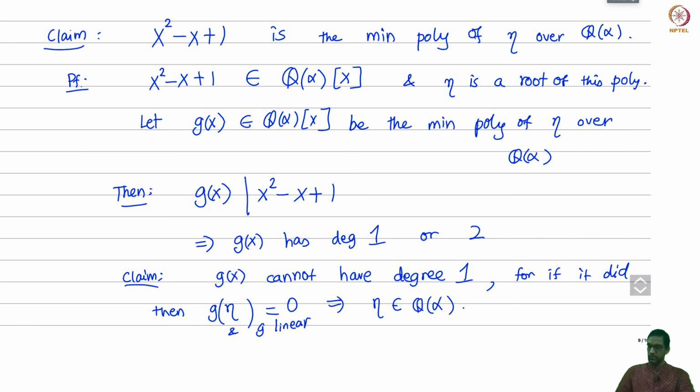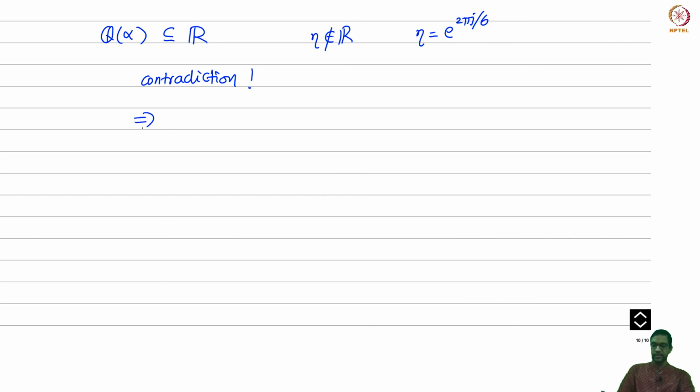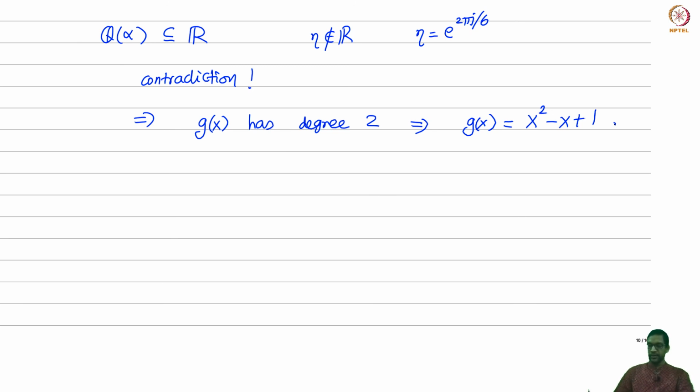Okay, so what does that mean? It says g(x) can't have degree 1, so g(x) has degree 2, which implies that it's just the same as the original polynomial itself. Well, that tells you that this is exactly the minimal polynomial.